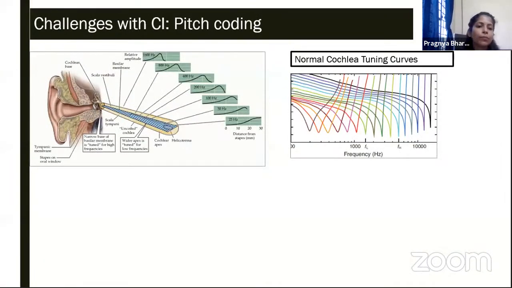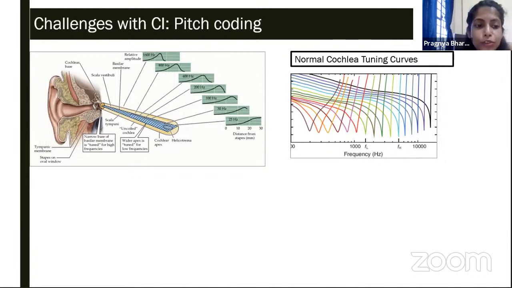Now, talking about a cochlear implant, there are a few limitations, as we all are familiar. The first challenge is in terms of pitch coding. We know that in our normal cochlea, we have thousands of hair cells, and each section of the basilar membrane has very sharp tuning curves, so they are able to represent a very rich spectrum of sound.